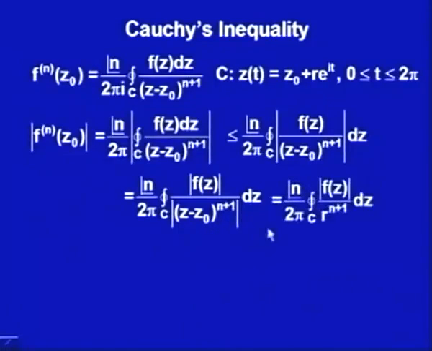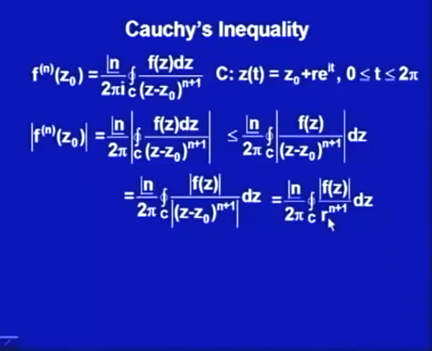So, what we would get is n factorial upon 2 pi, integral along the path C of the absolute value of f(z) upon the absolute value of this one. What is the absolute value of this one? r times e to the power i t, its absolute value is r only. So, it is r to the power n plus 1.